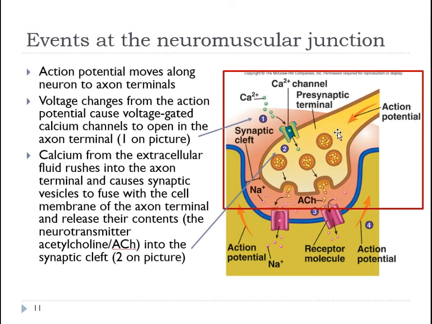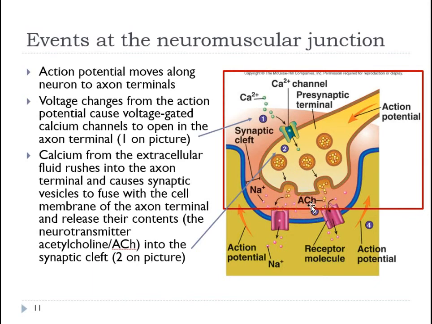What then happens is this triggers our first event. It's going to open up these calcium channels to allow calcium to come in. Once calcium comes into the axon, calcium binds to these vesicles, and these vesicles merge with the end of the axon and release.